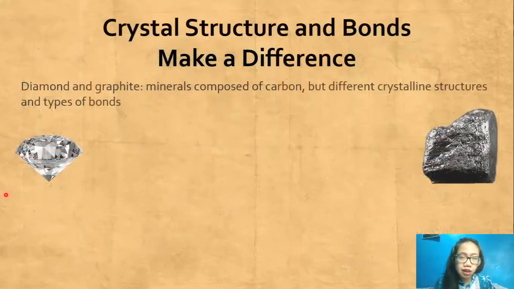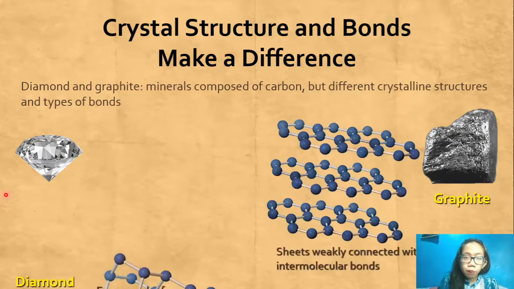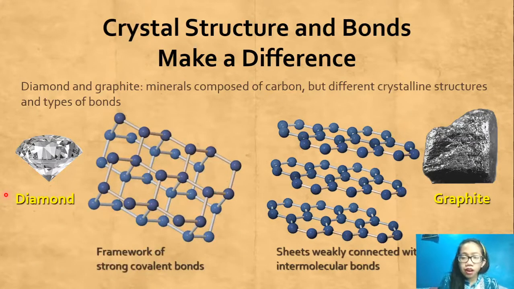That's the specific gravity. Okay, so let's talk more about how the crystal structure can dictate its physical formation. So both diamond and graphite are made up of carbon, but their internal structure is different.